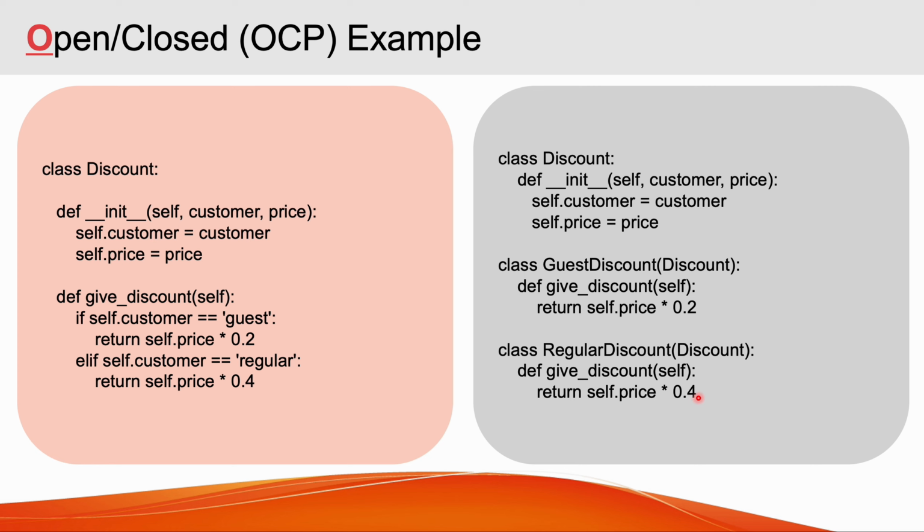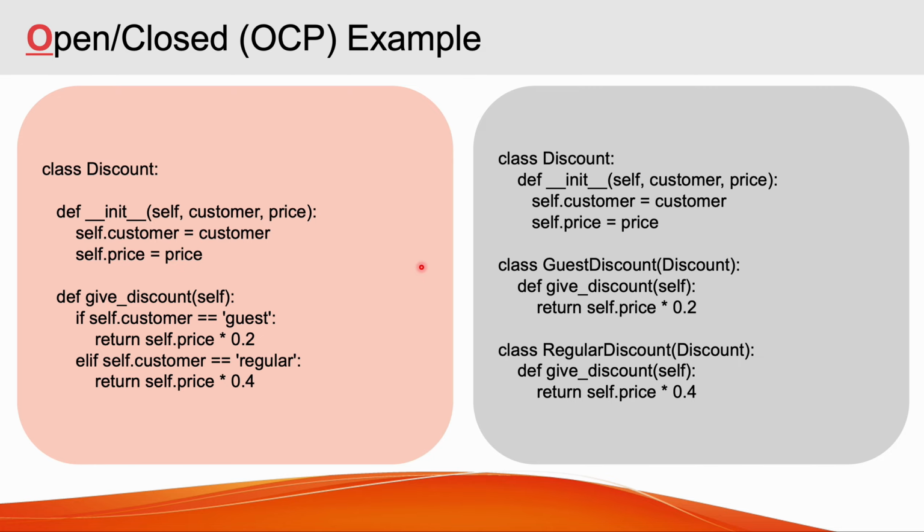Suppose you want to have a VIP discount, then you implement a VIP discount class. So this basically shows the example. Nothing is specific to this functionality. It can be implemented in many ways, but this is just an example to understand what the open closed principle is.